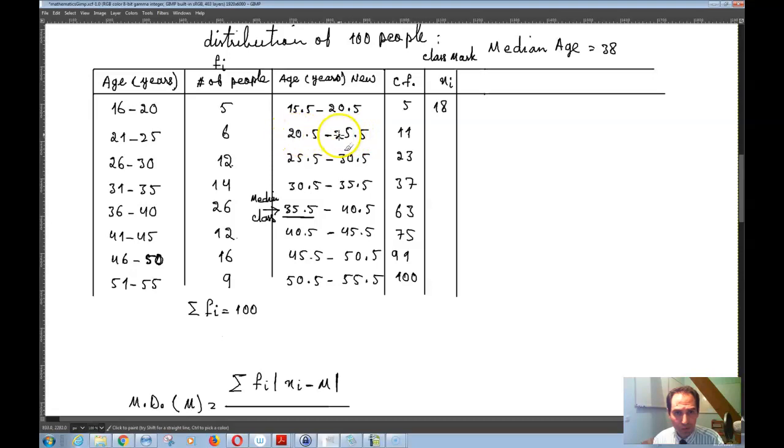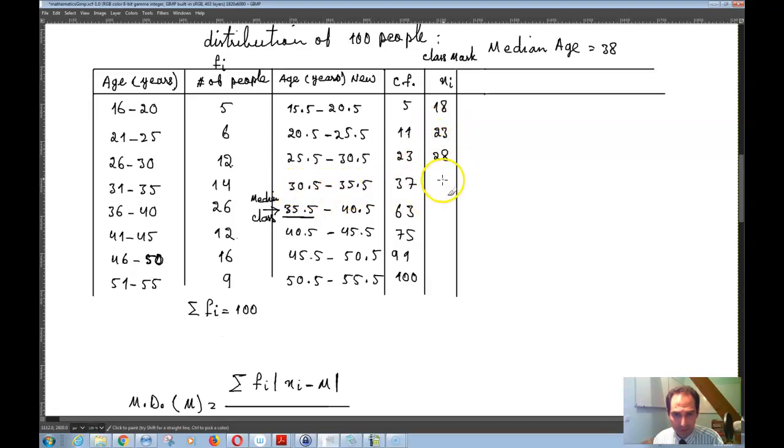20 plus 25 is 46, that's 23. 25 plus 30 is equal to 56, so that's 28. So you see 18 plus 5 is equal to 23, 23 plus 5 is equal to 28.